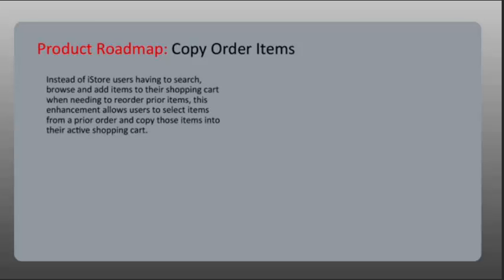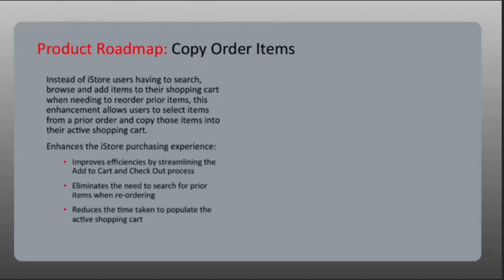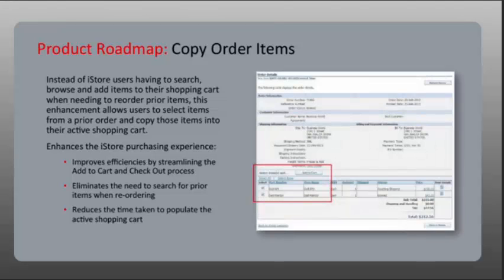Another thing that customers wanted to do is, after they place an order, go back to that order and say, let's reorder the items that we have, whether it be one, several, or all of those items. We've heard this from a number of our iStore customers. So we're planning to change our order tracker system such that when you look at an order that has been placed, you can go back to that order, specify the line items within the order, and click an Add to Cart button.